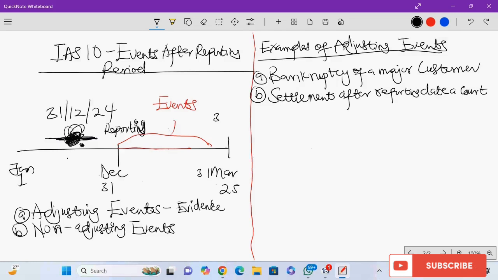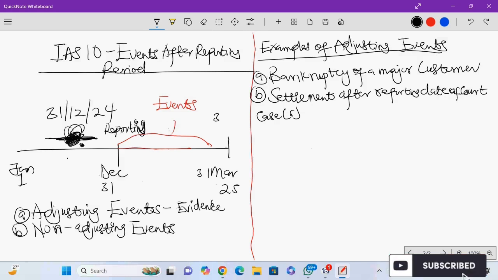Settlement after reporting date of court case or cases. So settlement of a court case, right?